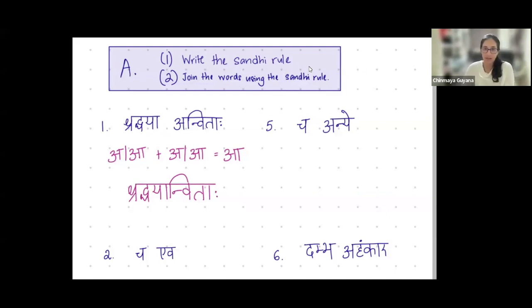Shraddhayan vitaha should have been your answer. If you wrote a vowel in there, then that's minus marks. No vowels in Sanskrit words, only at the beginning.